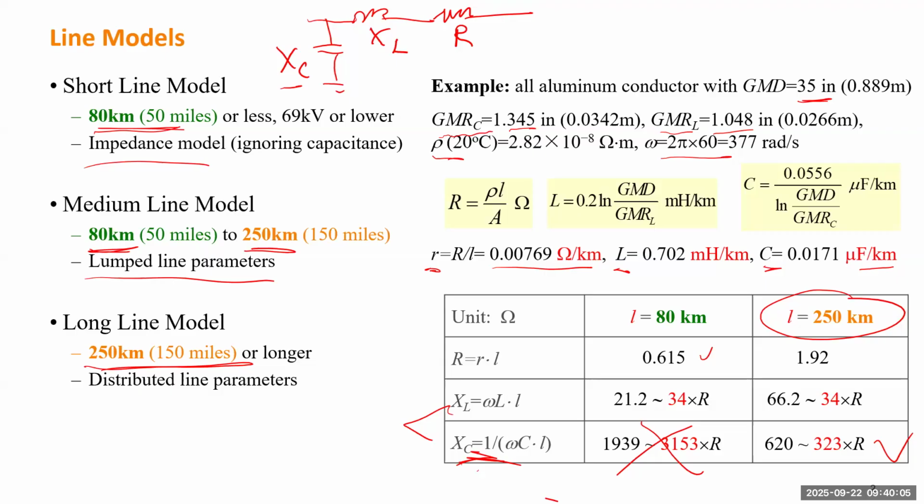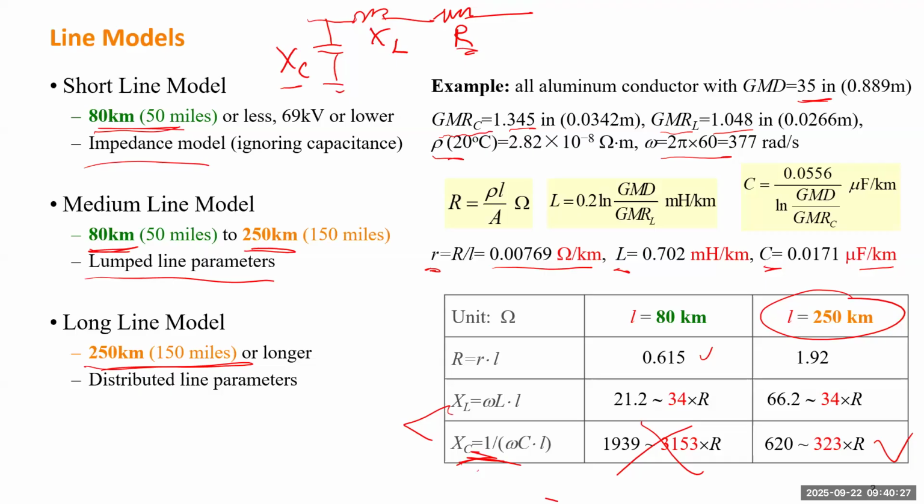But for a long line, X_C is only about 10 times X_L. If you ignore X_C, you will introduce about 10% error. R here is only 3% of X_L. That's up to you if you want to consider R or not.